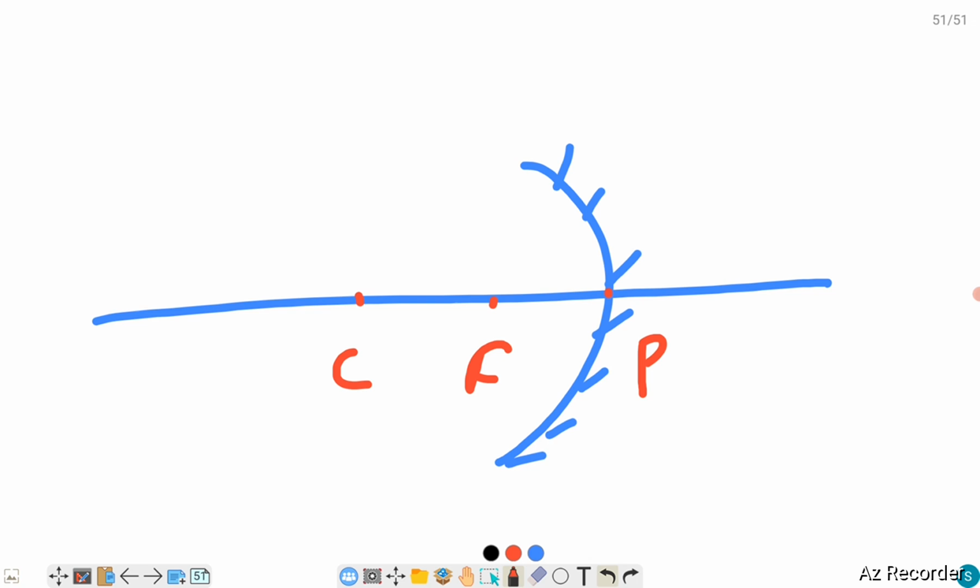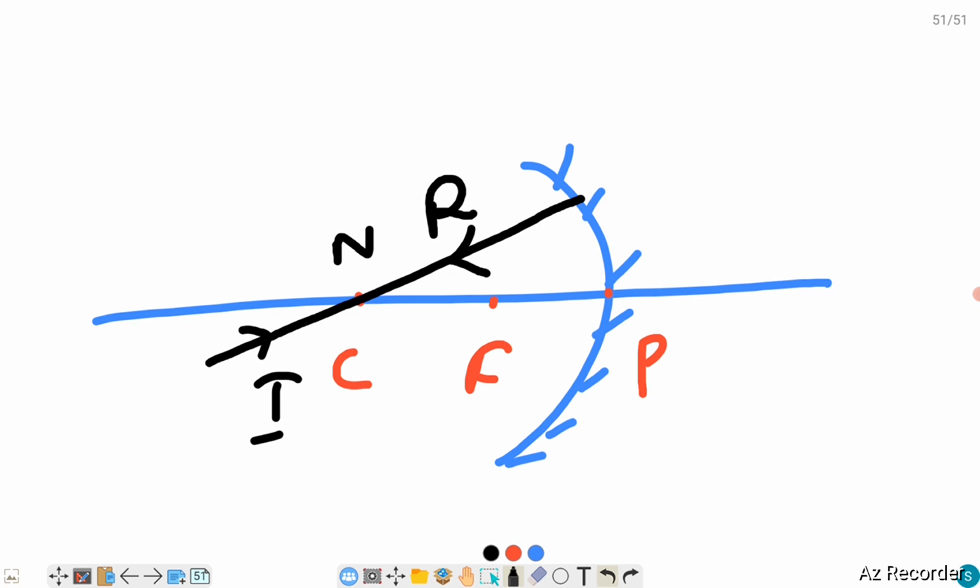Then the incident ray is through the center. Then this is the incident ray. Now where is the normal? This is the normal itself. Correct? Then where will the reflected ray be? On the same line. So whenever the incident ray is through the center, the reflected ray retraces, means it stays on the same line. So it retraces its own path.